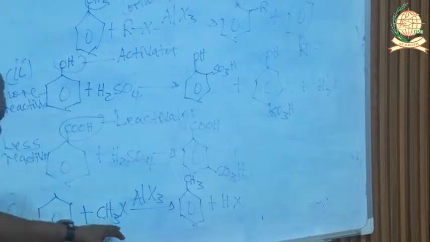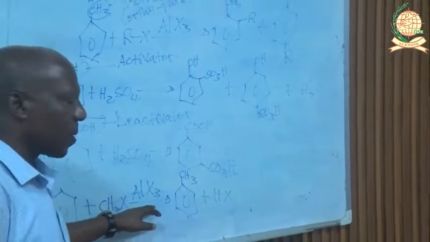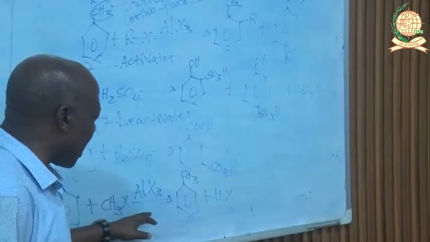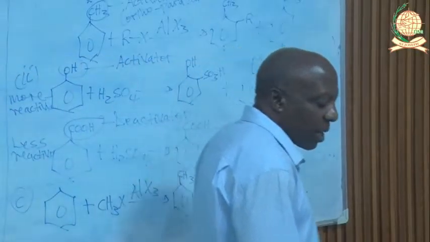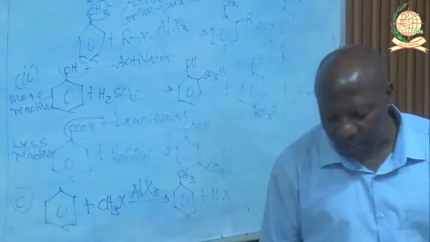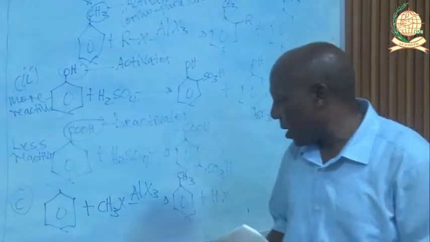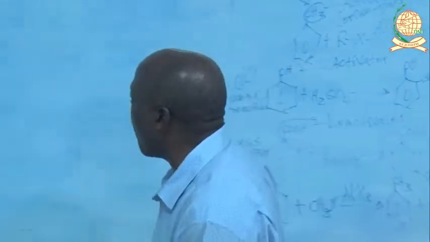Another reactant is methyl halide, and the condition is the presence of aluminum halide as a Lewis acid. This is the catalyst, which plays a big role in the alkylation of the benzene ring.